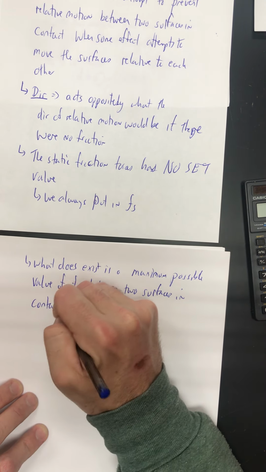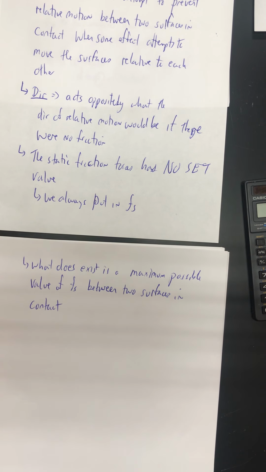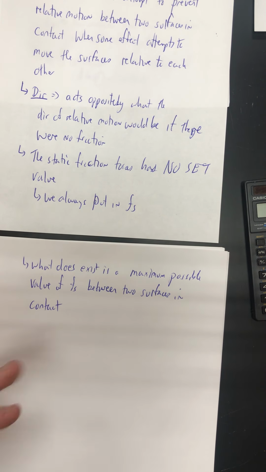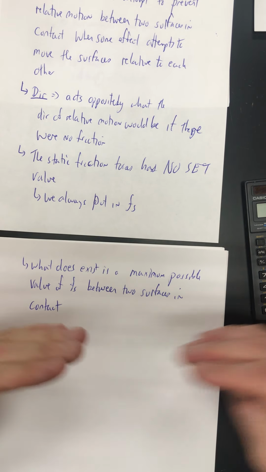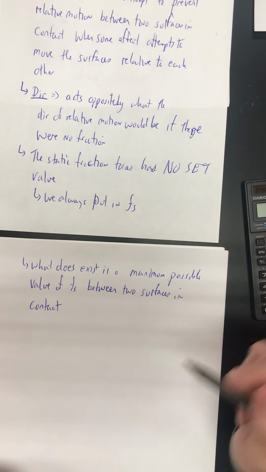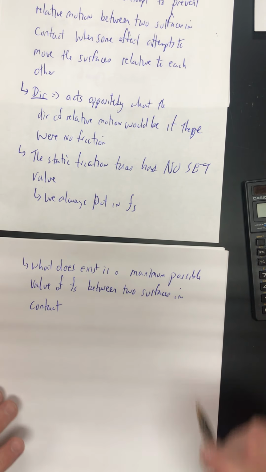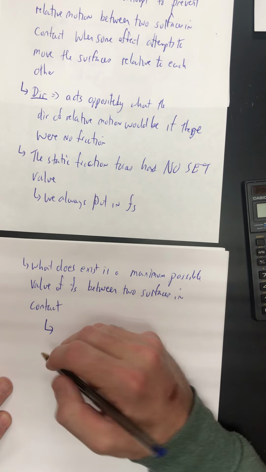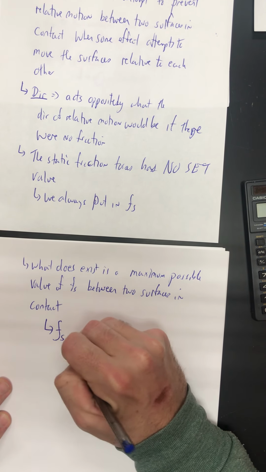So there's some limiting value, some maximum amount that I can force this object before it starts to move, or if you want to think about it as a minimum force until it needs to start to move. Right? So hopefully, if you're thinking about this convergence of some function upon some value, you're thinking about the concept of limits, and that's going to be super important. We're going to call this maximum possible value of static friction between two surfaces in contact Fs max.